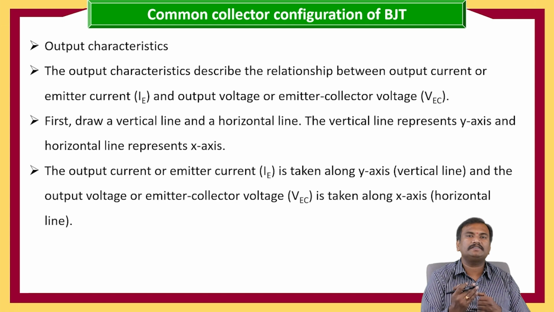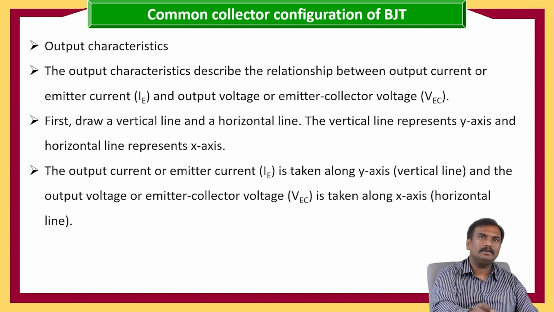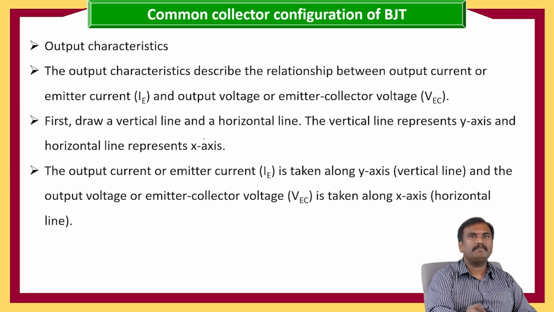These characteristics are also called output characteristics because this emitter to collector voltage and emitter current are the output parameters. That is the reason why these are called output characteristics. First, the same way how we have taken the input, we need to take a vertical line and a horizontal line.